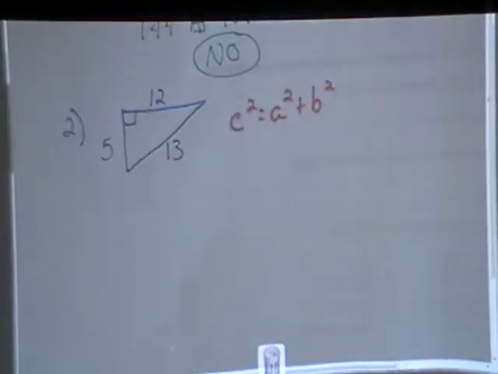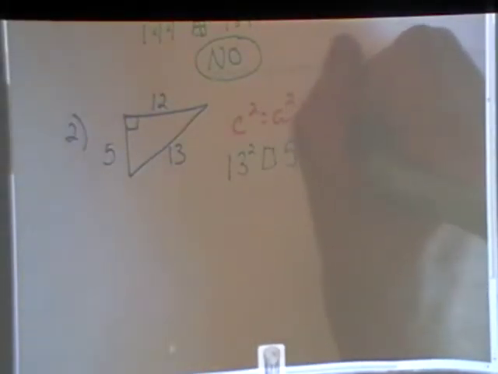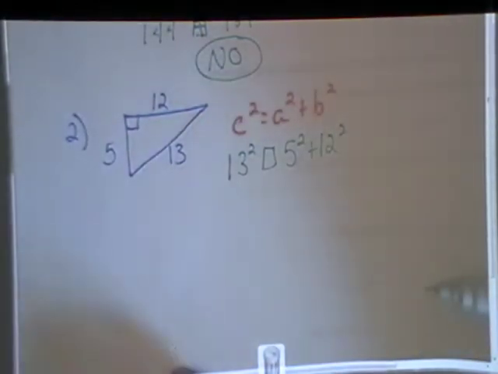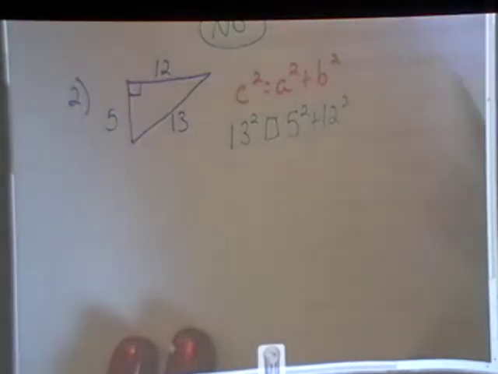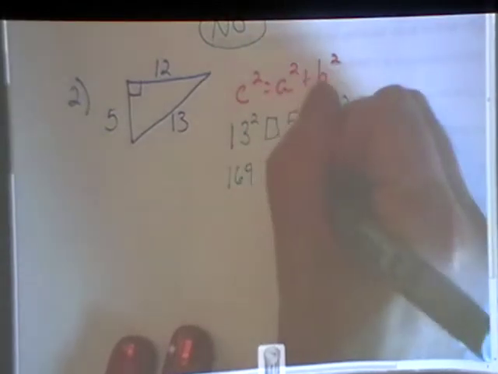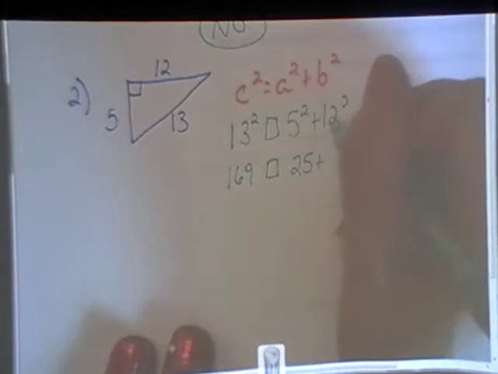Who's the biggest? 13. So do 13 squared, 5 squared, and 12 squared. Or you could do 12 and 5. That doesn't matter. Alright, let's work it out. So 13 squared is 169. 5 squared, 25. 12 squared, 144.